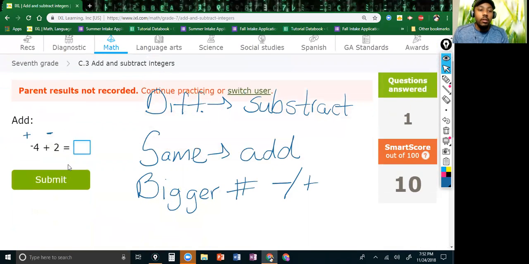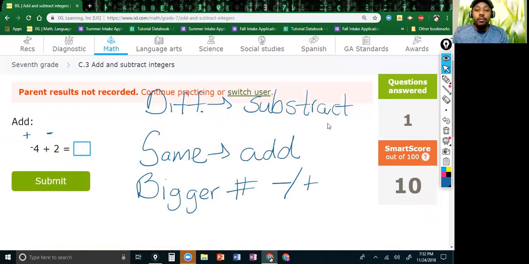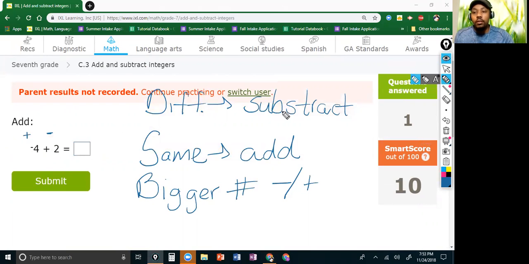Okay. Same thing here. Negative 4 is different from positive 2. Now be reminded that when there is a plus sign in front of a number, they go together.